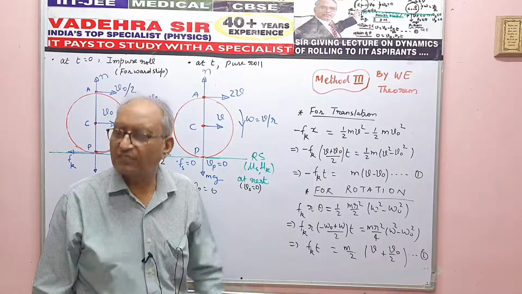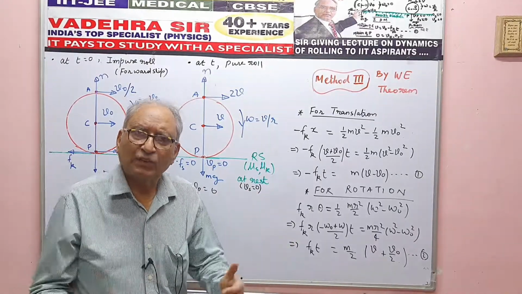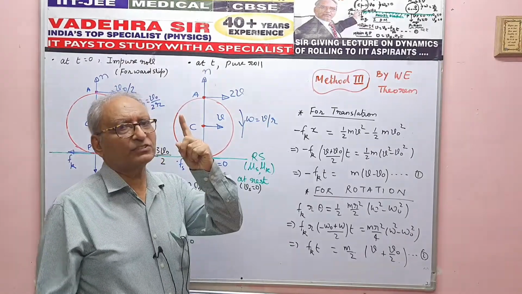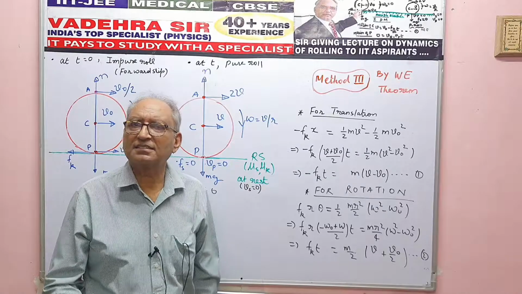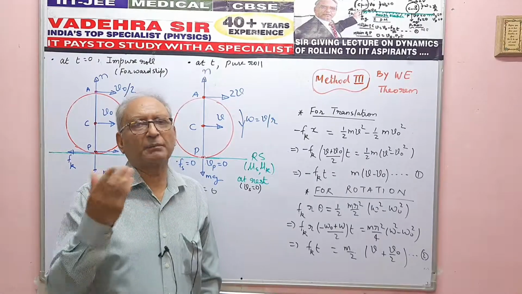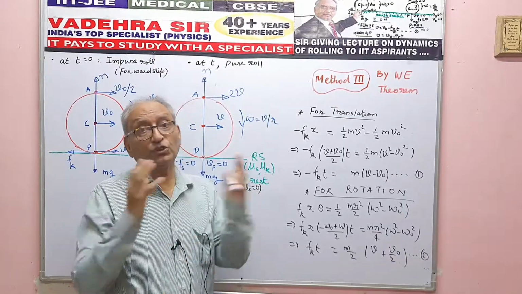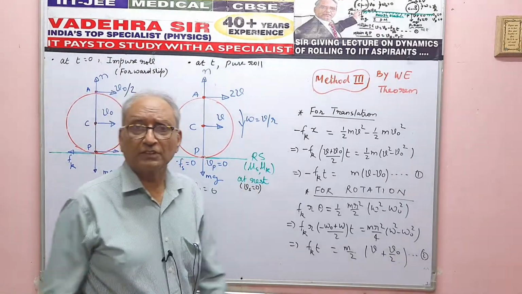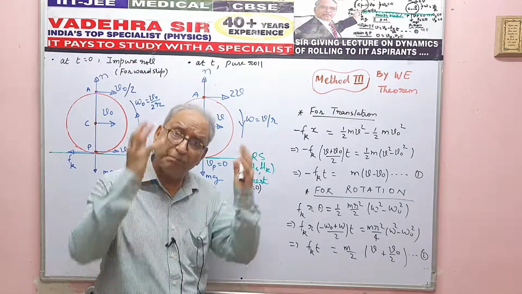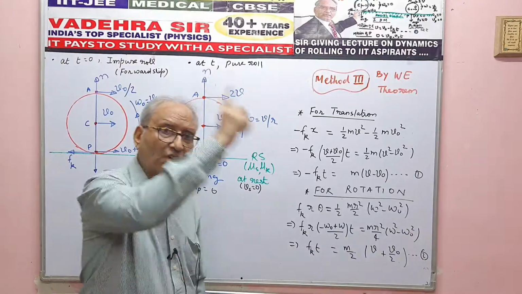So very satisfying. But of course we do accept that the quickest method would be the first one, that is the principle of conservation of angular momentum about an axis passing through P perpendicular to the plane of the disk. Now that is your choice, but a good student, I am talking of IIT aspirants and top medical NEET students, the top medical students have physics conceptually as strong as that of IIT.